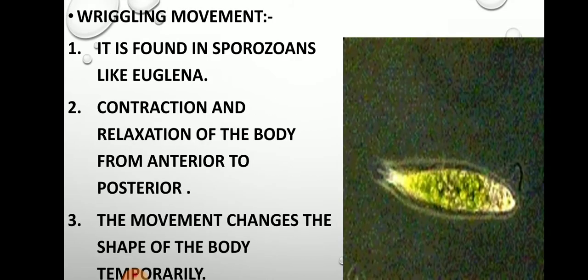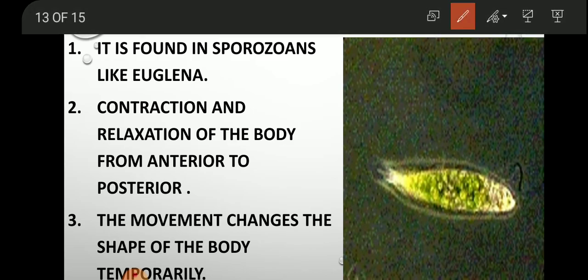So the last type of movement is wriggling movement. Wriggling movement is found in sporozoans like Euglena. Okay, we all know Euglena. It involves contraction and relaxation of the body. Contraction means the body completely contracts and then relaxes.